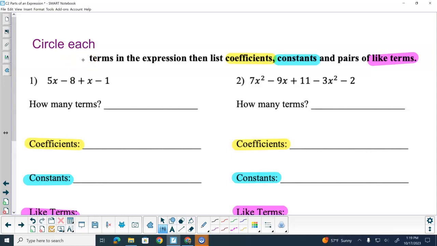Okay? So in number 1, how many terms are there in that expression? Total number of terms.